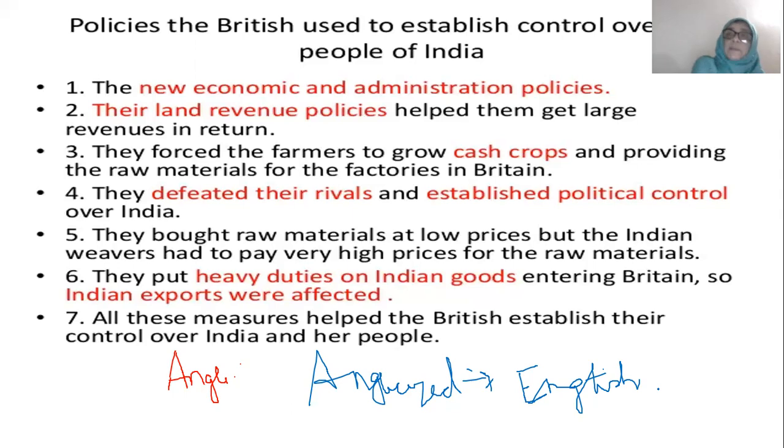They would take our material from the subcontinent to Britain and to different countries and sell at higher prices. Again, who was getting the benefit? The Britishers. All these measures helped the British establish their control over India and its people. Our export was affected. In every place we were affected.